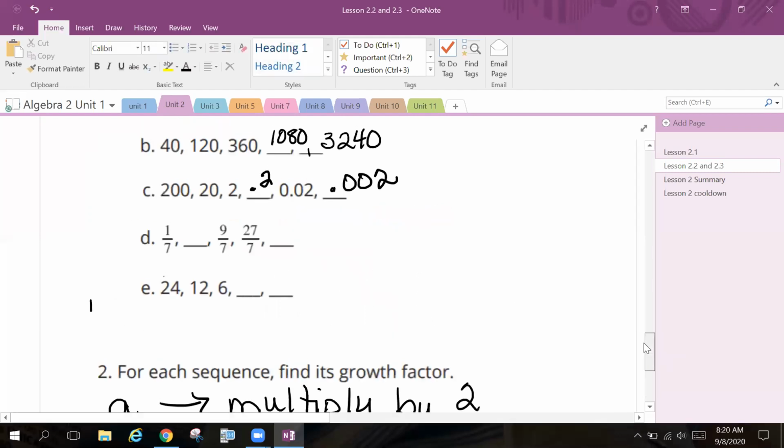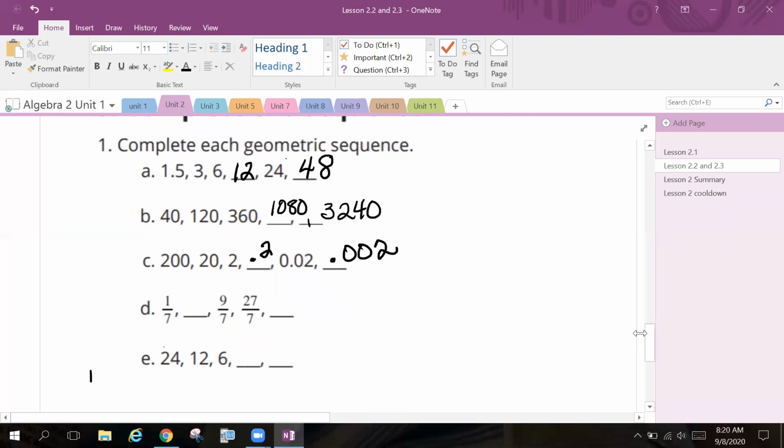Looking at D. What do we think about D? Okay. 3/7. You're close. It's, yeah, 81/7, isn't it?